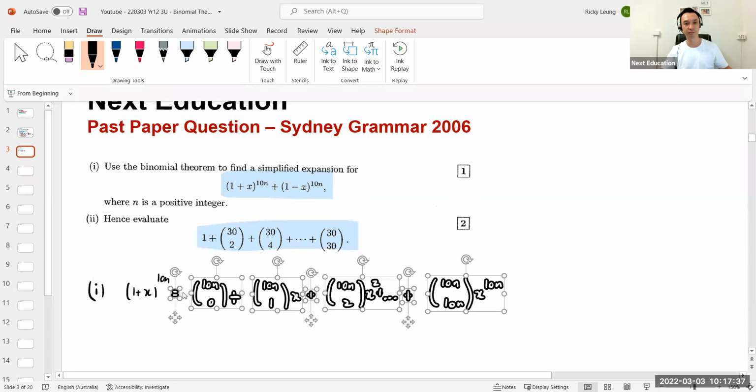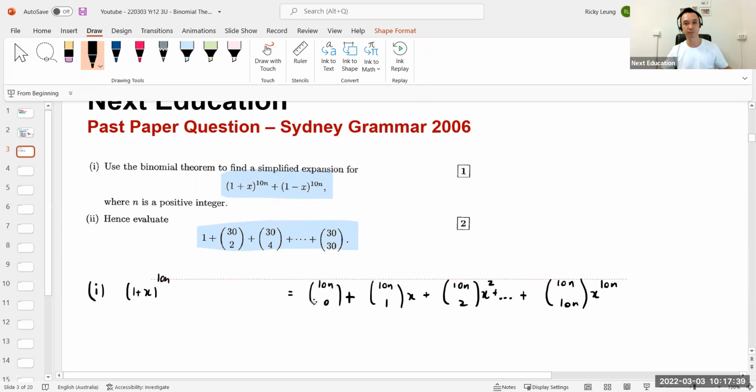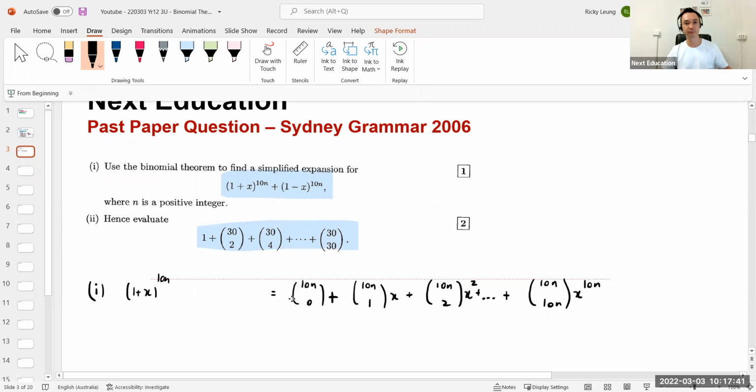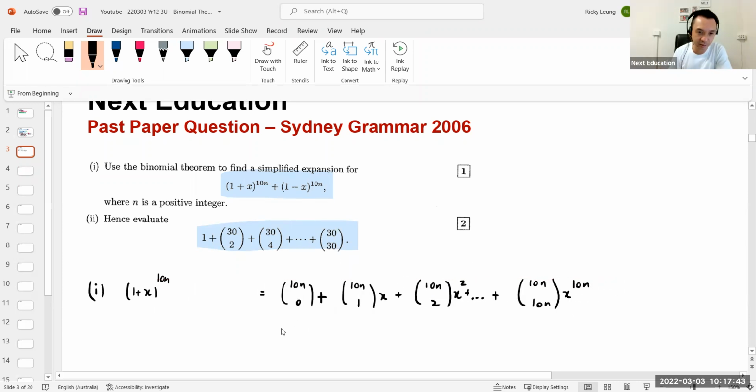Now, by the same token, if they wanted me to add these, you know what? Let's be brave. Let's just put them in the same line. So if I added this to 1 minus x to the power of 10n, I'm then adding this to the same expression. Maybe I'll stack it up on top of each other.